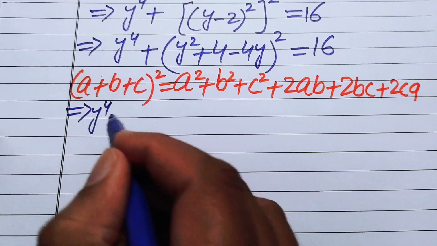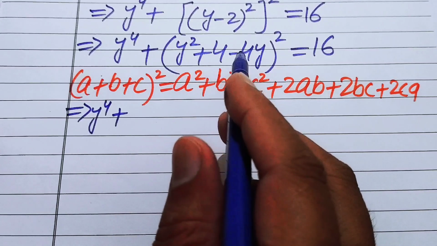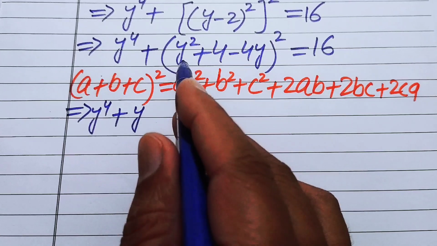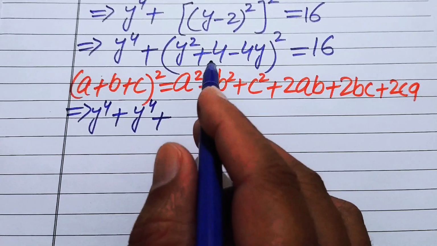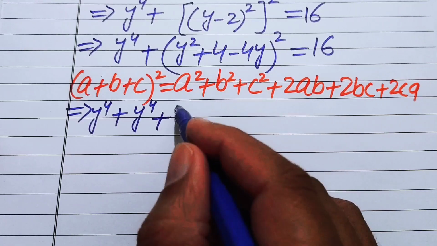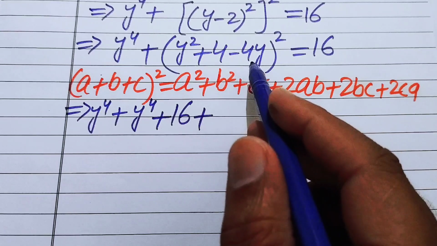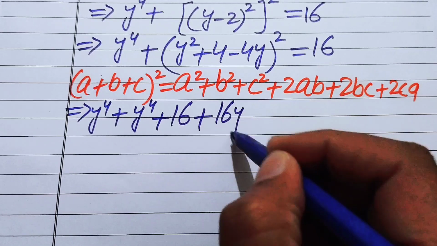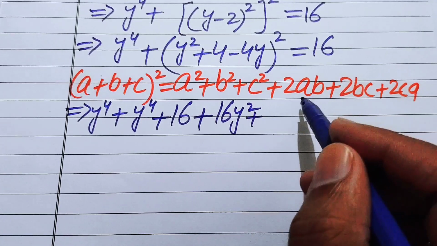Our above term will be written as y^4 plus, we use this formula on this term here, and you get (y^2)^2, which becomes y^4, plus 4 squared, which equals 16, and plus (−4y)^2, which equals 16y^2, and here you have plus 2ab.